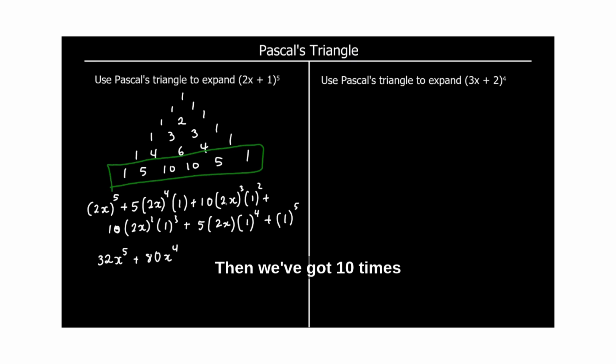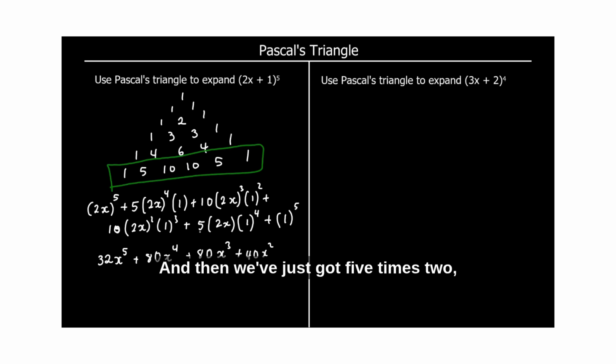Then we've got 10 times (2x) cubed. So 2 cubed and x cubed. 2 cubed is 8, 10 eights are 80. 80x cubed times 1 squared, which just stays the same. 10 times 2 squared is 4, so that's 40x squared.